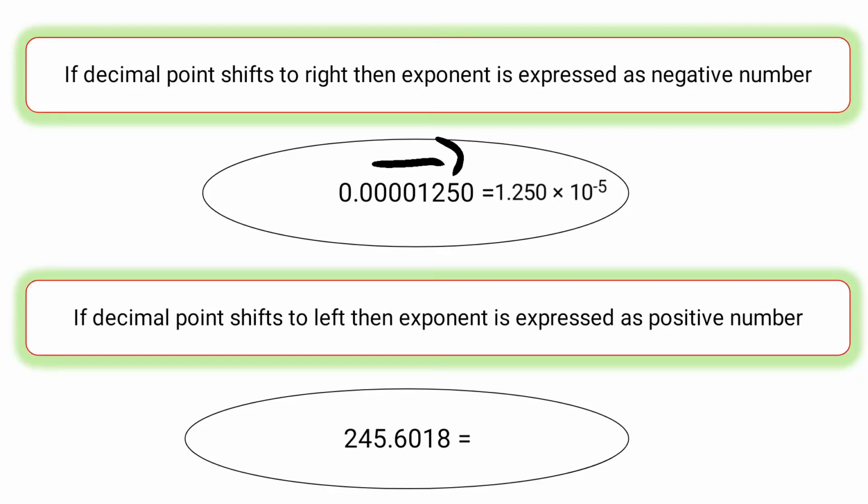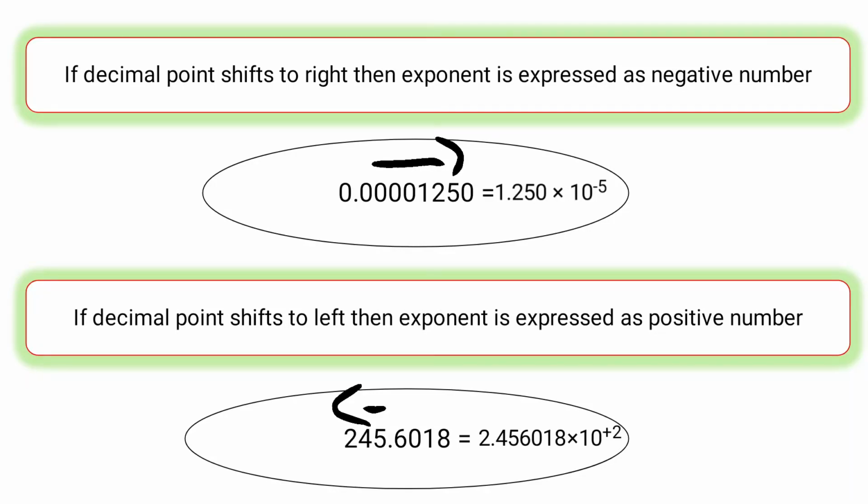Now here we have to move the decimal point towards the left side. That is, here we are moving the decimal point 2 places towards the left. Therefore, we can say that here the exponent is plus 2 and the coefficient is 2.456018.